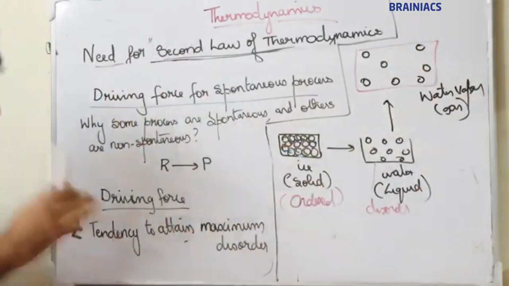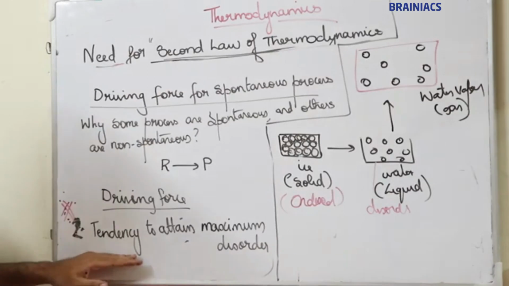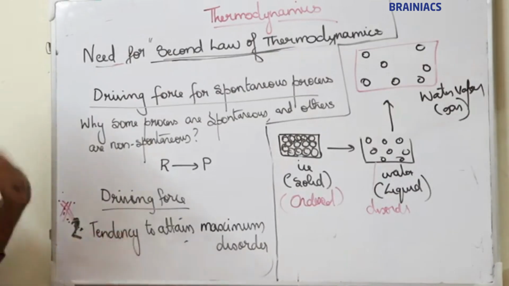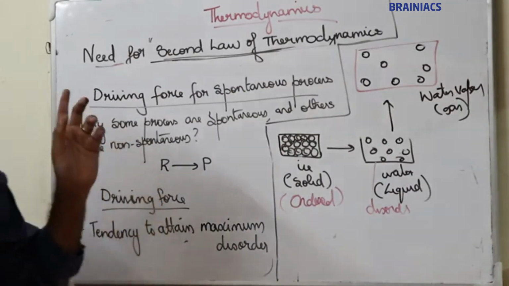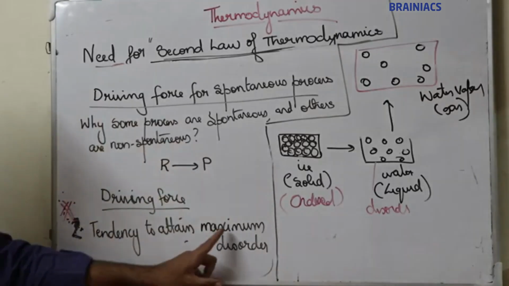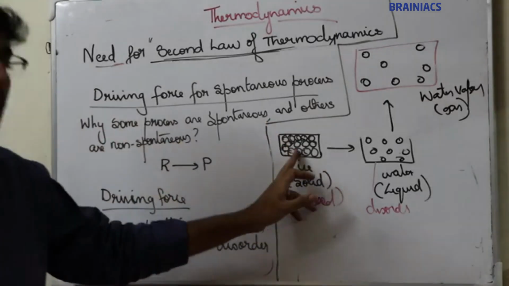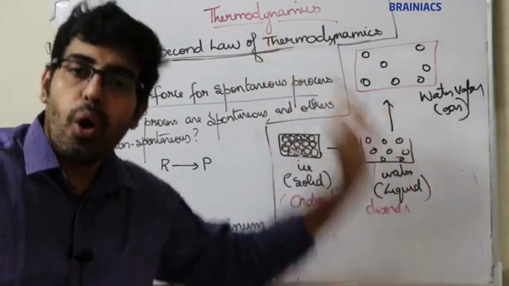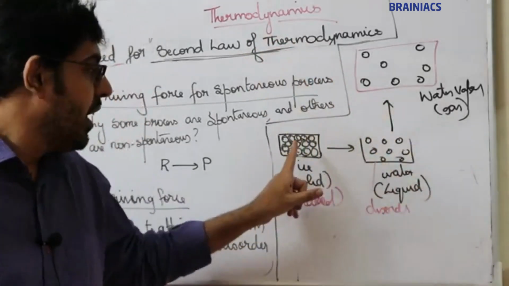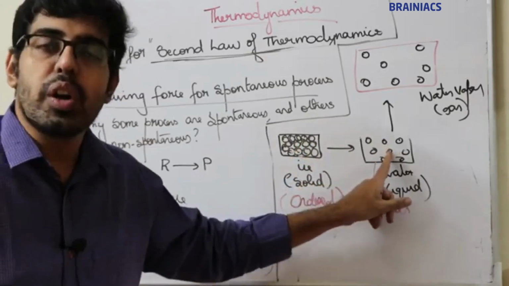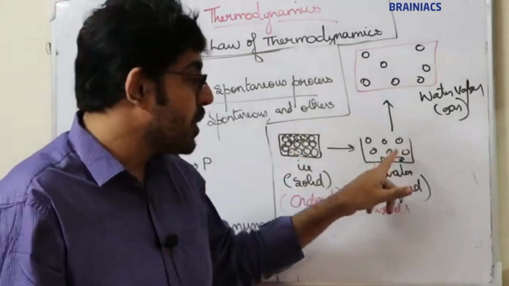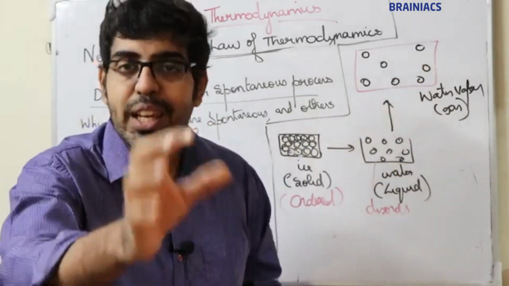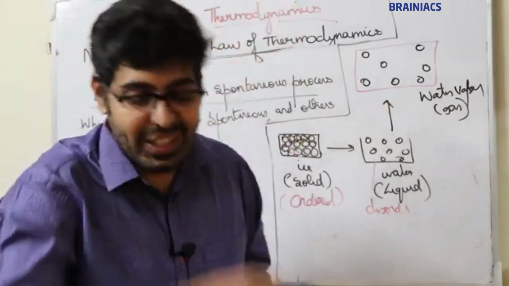So if disorder of a system increases, then those processes always occur spontaneously. Melting of ice to water, disorder increases, spontaneous process. Evaporation of water to water vapor, spontaneous process, because disorder increases.